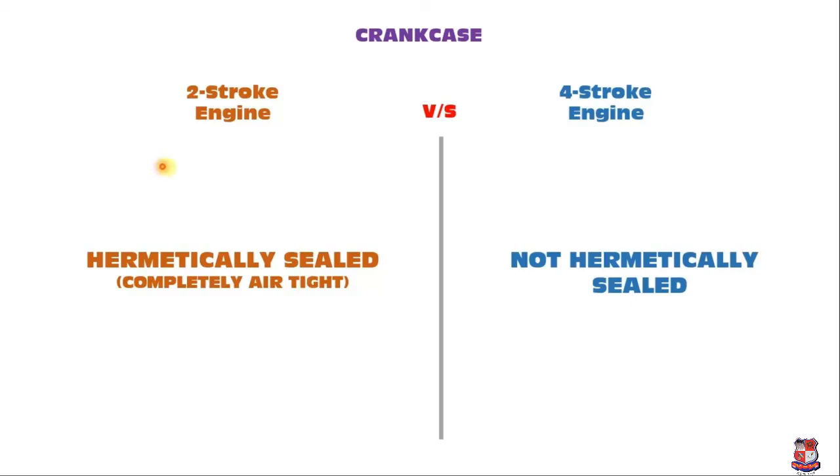So as we are taking the charge first into the crankcase, we are required to make it completely airtight to avoid any leakage of fuel. In four-stroke engine, we are injecting the fuel or charge directly inside the cylinder. We are not taking it into the crankcase. So that is why there is no requirement of sealing of the crankcase in case of four-stroke engine.